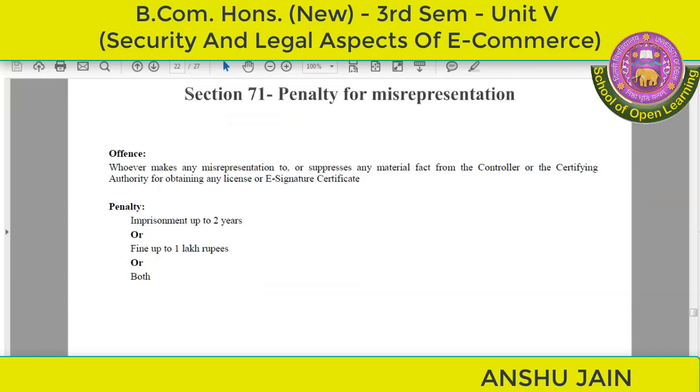So if I want any kind of license or digital signature certificate, and I am giving false information, if I am misleading them, तो अगर वो पकड़ी जाती है फॉल्स इन्फॉर्मेशन के बेसिस पर, अगर मैं कोई भी सर्टिफिकेट लेने के चक्कर में थी या कोई लाइसेंस लेने के चक्कर में थी जहां फॉल्स इन्फॉर्मेशन थी, और वो अगर पकड़ में आ गई उनकी, then that is the offense, and then I'll be having the imprisonment up to 2 years or a fine up to 1 lakh rupees, or both penalties may also be levied on the concerned person.